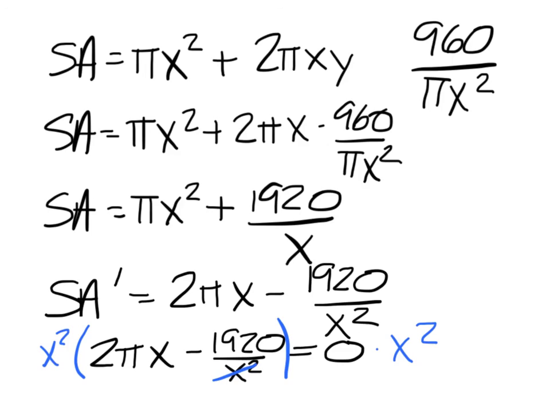It would be 2 pi x cubed minus 1920 equals 0 when you multiply through. So from there you can solve for x by moving the 1920 to the right, dividing by 2 pi, and then finding the cube root.